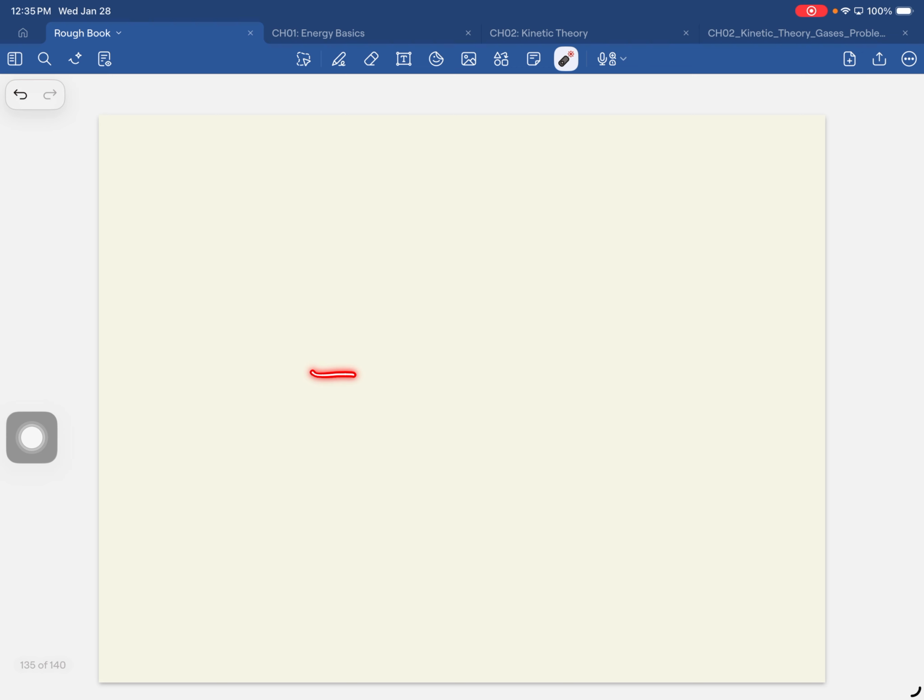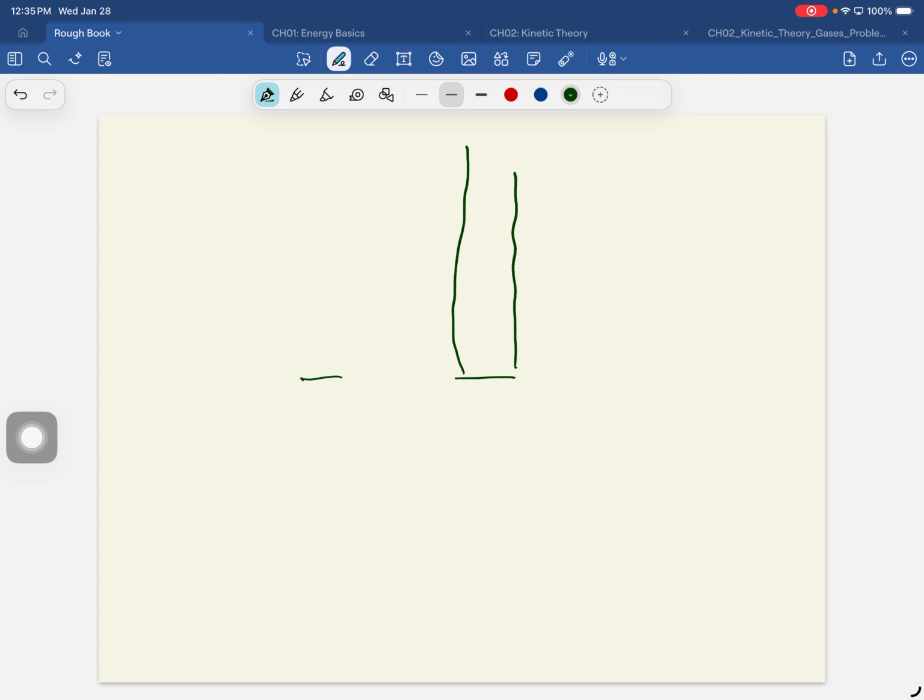If you think of a balance, and think of a column of air all the way to space and a column of mercury with the same cross-sectional area, the weight of the column of air is balanced by 760 millimeters, which is 76 centimeters, or 0.76 meters.